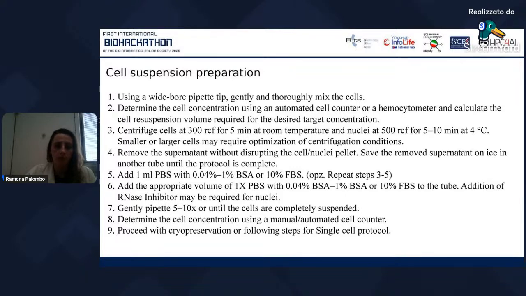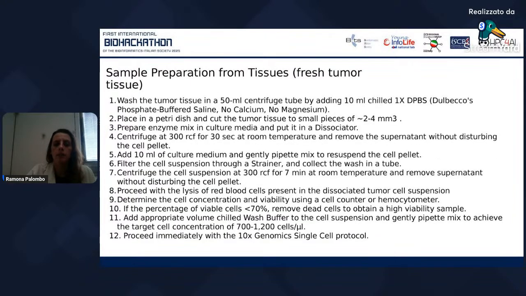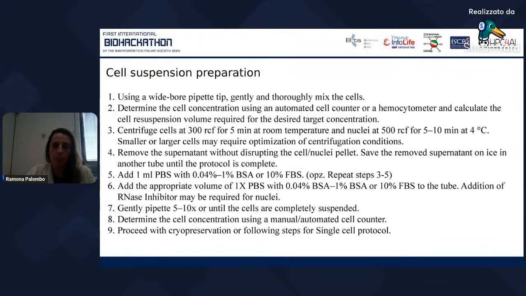So be aware that each cell type has its own gravitational force to be applied, and specific timing and specific temperature. We can also use nuclei to extract RNA. We can see it later. And we can also add some additional BSA to the solution just to reduce cell aggregation. But this is for cell suspension preparation.